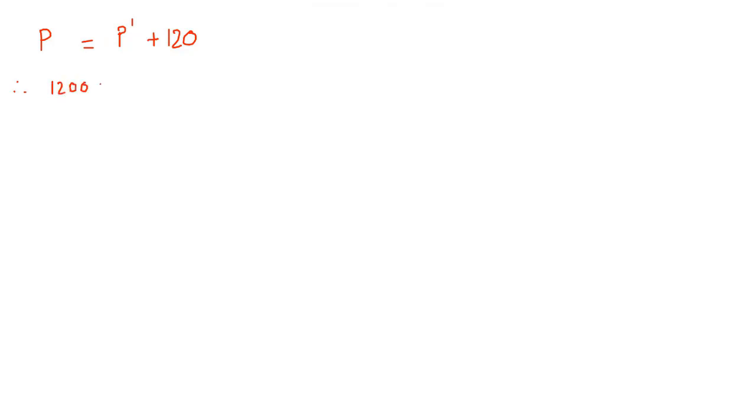So let us write here 12,000 minus 0.02 X is equal to 10,000 plus 0.02 X plus this 120.